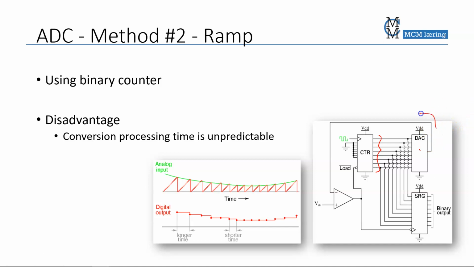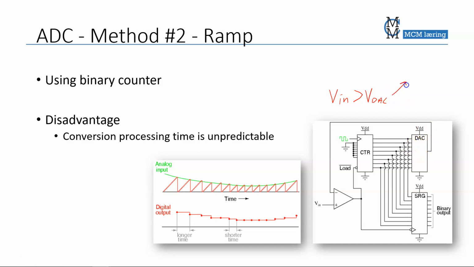Now that is presented to an op-amp connected as a comparator. And a comparator means, just as with the flash converter, that it simply checks if V in is larger than the voltage that came from the DAC here, the digital analog converter.